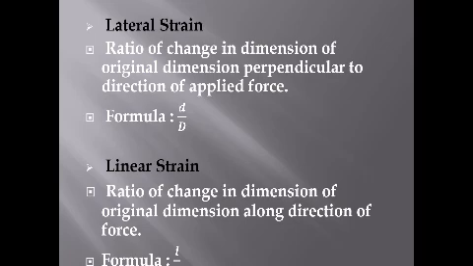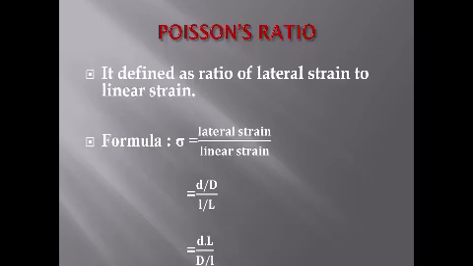The formula is d upon D. Similarly, linear strain is the change along the direction of the force, with the formula l upon L. Here capital D and L show the original dimensions, and small d and l show the changes.